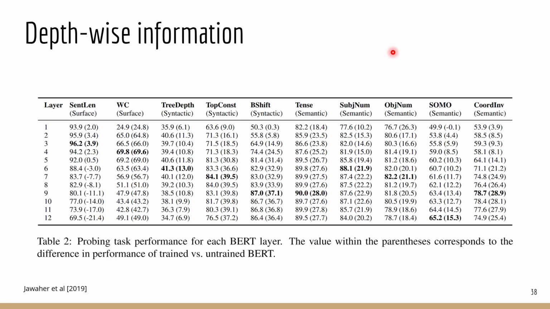So again, the same hierarchy of linguistic information is distributed across the depth of the network. A similar observation was made by Raganato et al. on the task of machine translation.